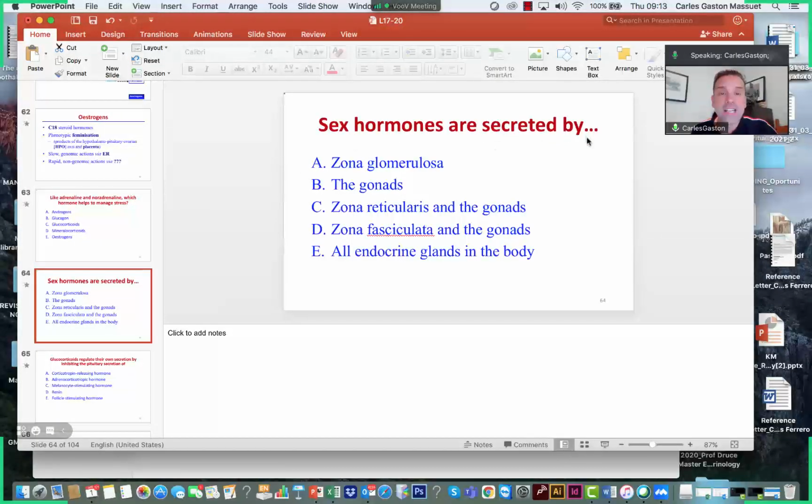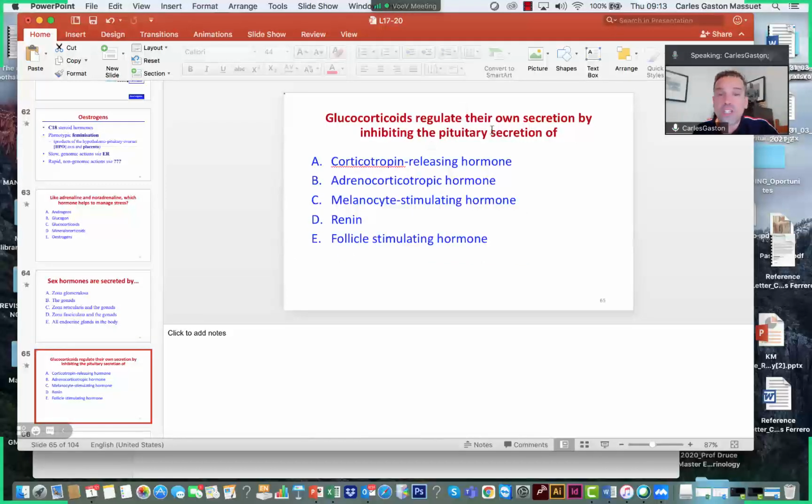Sex hormones are secreted by the zona glomerulosa and the gonads, zona reticularis and the gonads, zona fasciculata and the gonads, or all the endocrine glands in the body. Glucocorticoids regulate their own secretion by inhibiting the pituitary secretion of which: corticotropin-releasing hormone, adrenocorticotropic hormone, melanocyte-stimulating hormone, renin, or follicle-stimulating hormone?